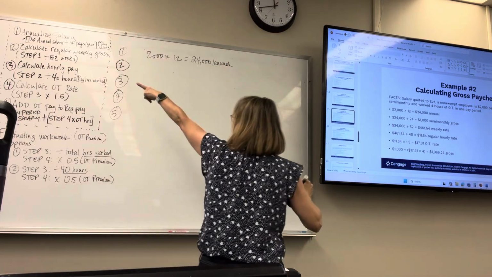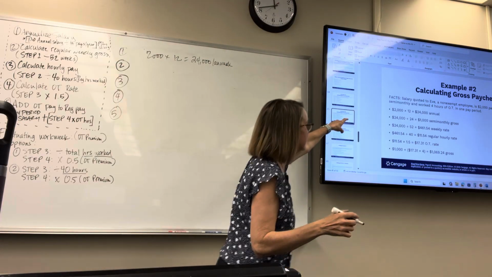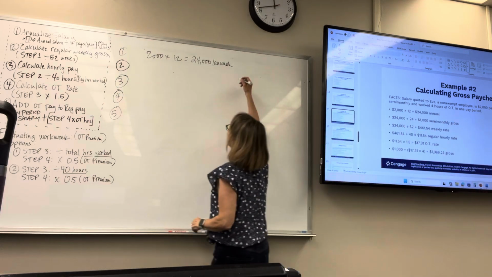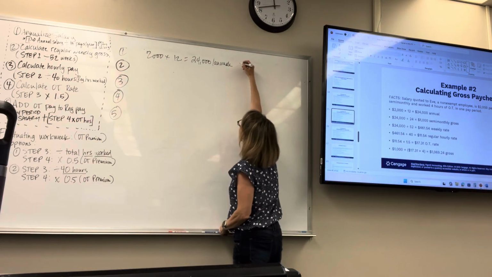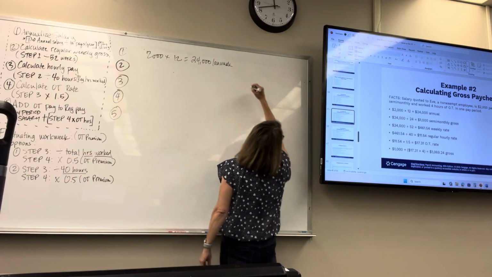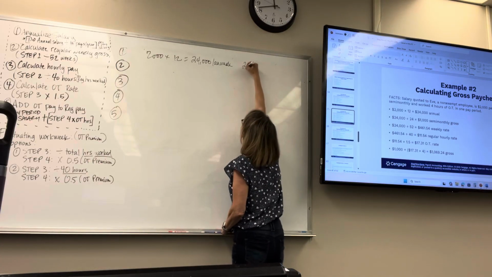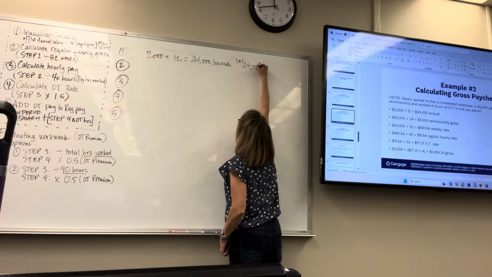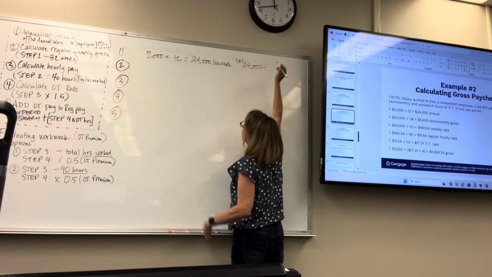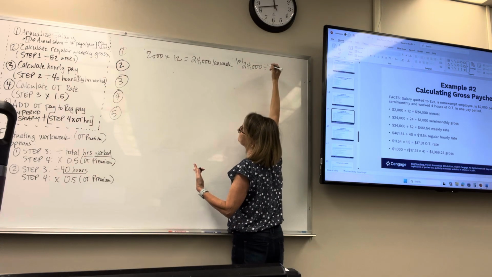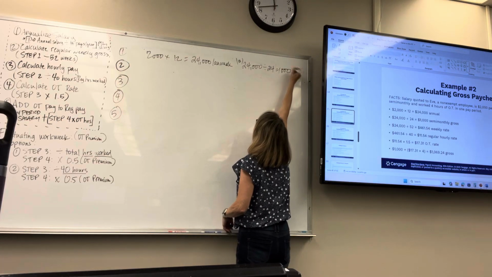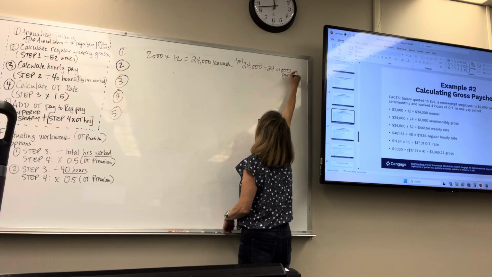All right, so here's that extra step, kind of that step 1A, to figure out what that semi-monthly gross is. I'm going to put that over here. So we'll take the 24,000, this is 1A, divided by the number of pay periods, 24, $1,000 per pay.